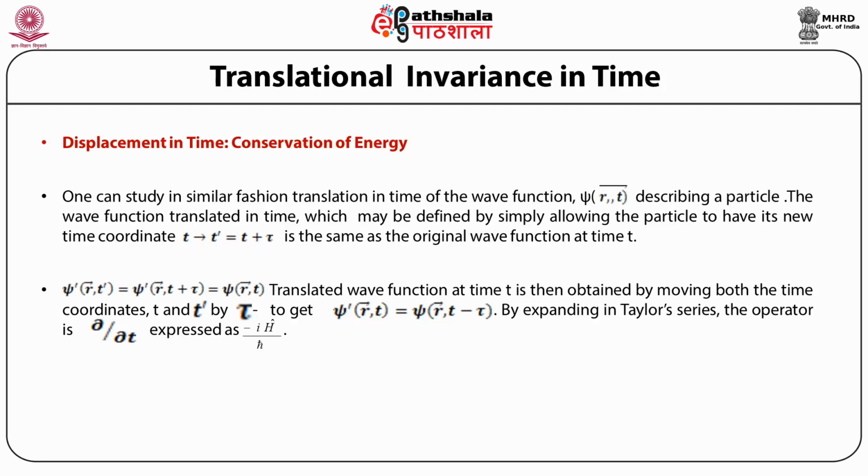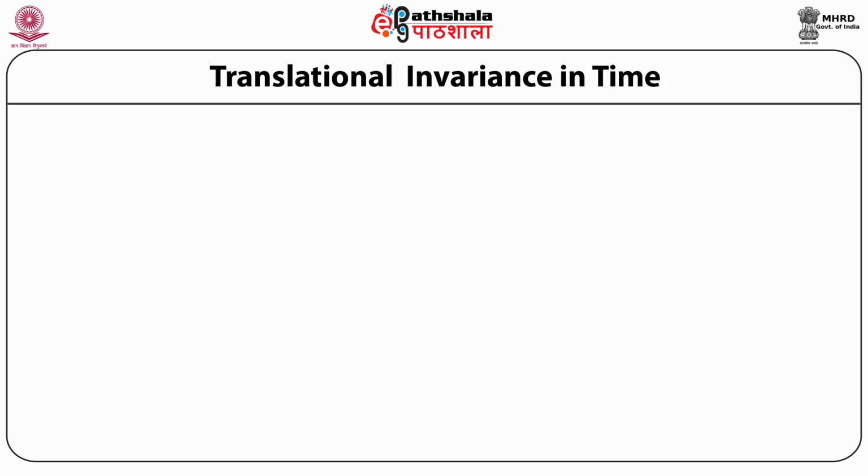By expanding this wave function in Taylor's series using the operator del by del t, that is partial derivative with respect to time, and expressing this operator as minus iota by h cross times the Hamiltonian operator, we can then get the following results.